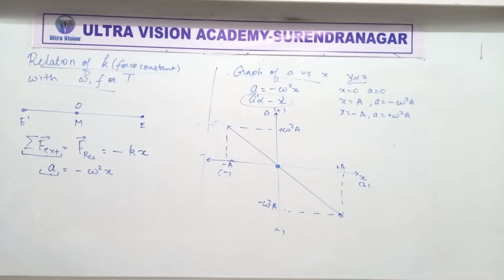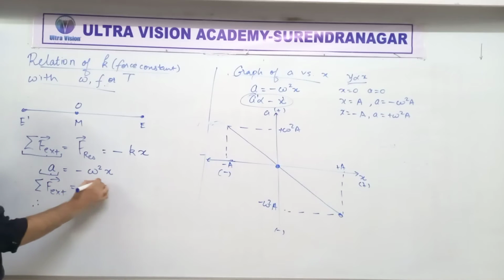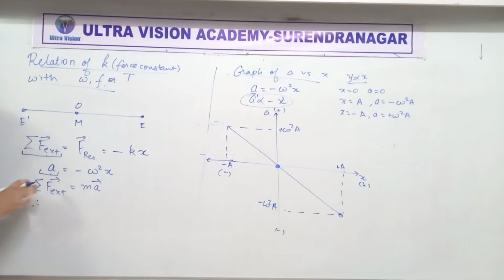Yeah, one of the easiest things in the world, isn't it? Newton's second law, right? So that is sigma F external is equal to mass into acceleration. Frankly speaking, if you write vector, then you should put vector on both sides, but here we are just dealing with one-dimensional motion.